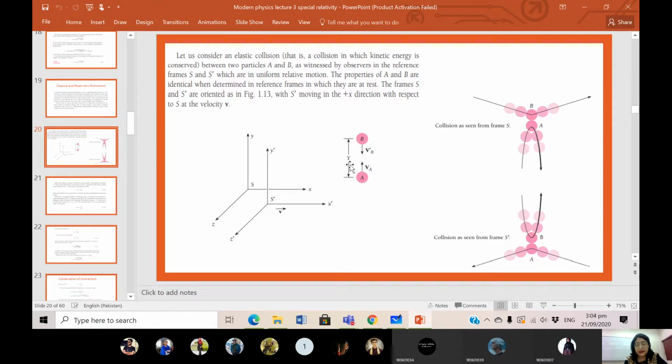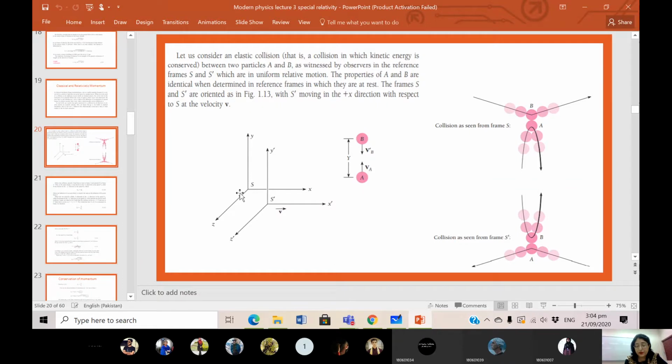So now we have two particles A and B. We have two reference frames, one is S and one is S dash. S dash is moving towards the right with a velocity of v in the x dash direction. The frames S and S dash are in uniform relative motion, in the sense that if this is at rest, then this is moving towards the right side with velocity v.